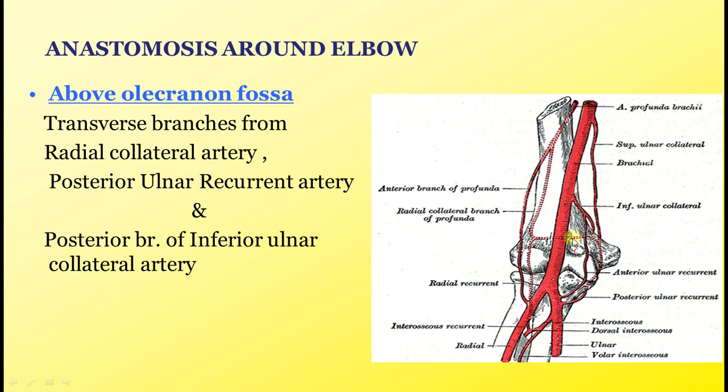So inferior ulnar collateral will give a transverse branch, posterior ulnar recurrent will give a transverse branch, radial collateral will give a transverse branch. So all these take part in the transverse anastomosis, which is above the olecranon process. So this is about the anastomosis around the elbow joint. Thank you very much for listening to this lecture, and we will meet again shortly in one more lecture.